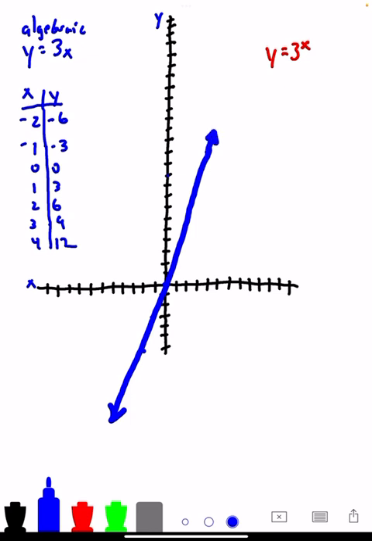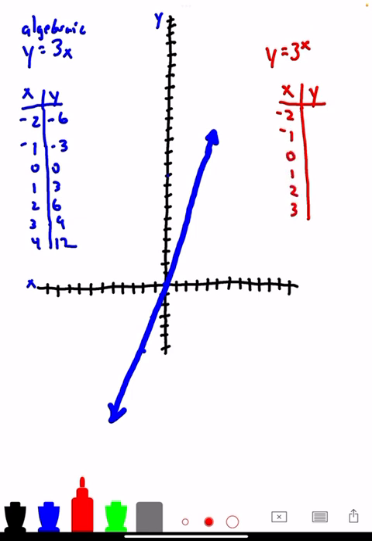Now, let's look at our exponential graph. And we'll be able to look and really see a difference. Okay, I'm going to go negative 2, negative 1, 0, 1, 2, and 3, 4 here as well.